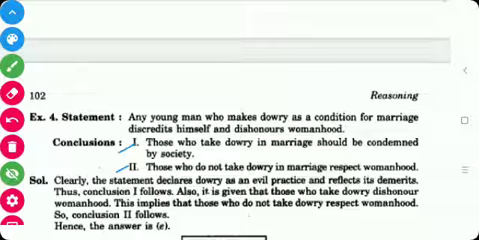Clearly, the statement declares that a young man who makes dowry a condition for marriage discredits himself and dishonors womanhood. So according to the statement both conclusions follow. So the answer is E.